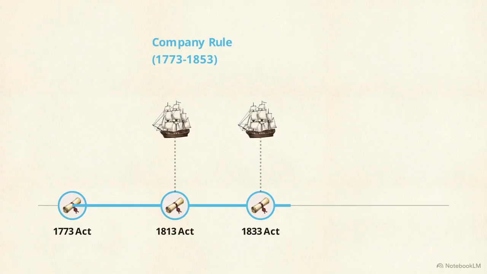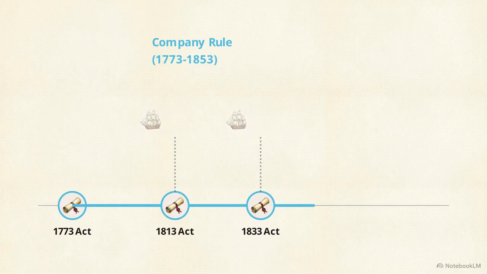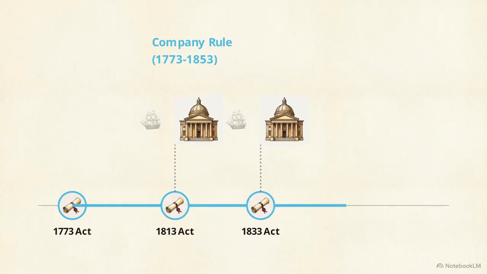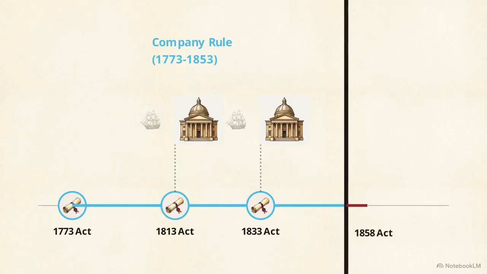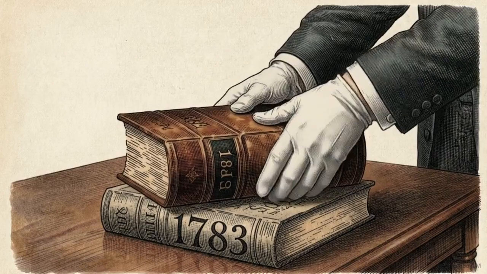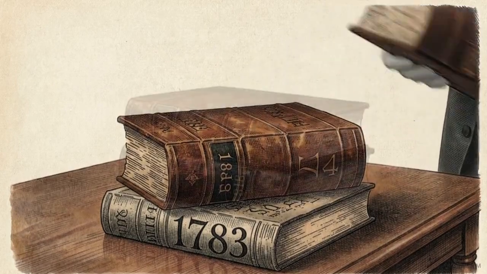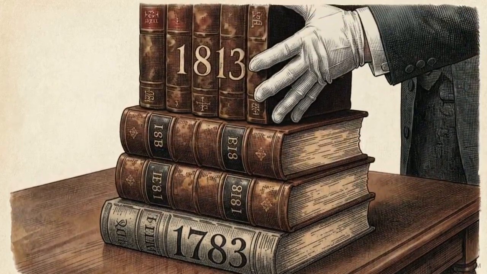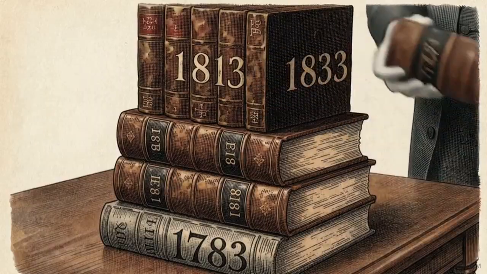These acts stripped the East India Company of its commercial monopolies, simultaneously expanding administrative duties. This process reached an absolute boundary in 1858. Here, company rule was abolished entirely, replaced by the direct sovereignty of the British Crown. Every subsequent constitutional reform, right up until 1947, was iteratively built upon the structural logic first established in 1773.